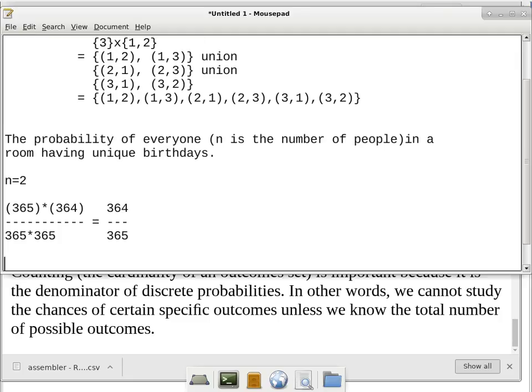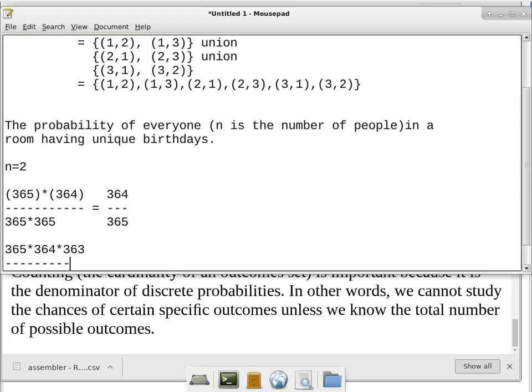When n is 3, you just extend this reasoning. The first person has 365 days to choose from. The second person only has 364 days to choose from. And the third person only has 363 days to choose from. That gives you the total number of ways to arrange birthdays amongst 3 people where they are all unique.